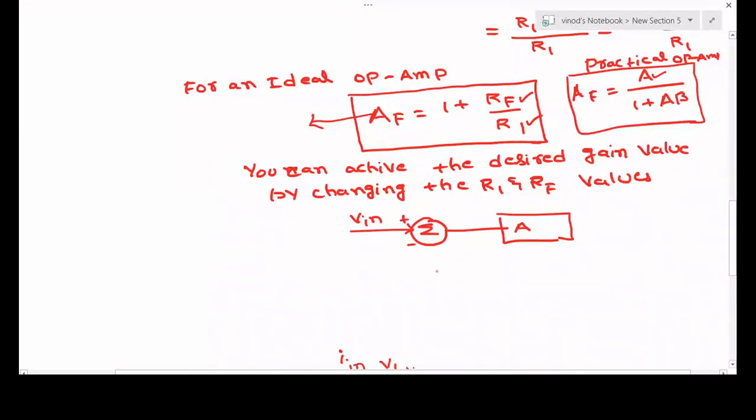To this we are connecting a feedback network whose gain is beta, and we take the output and give a part of the output voltage back here. Here we have V0 and here we have Vm. So this is the block diagram representation of a non-inverting amplifier with feedback.